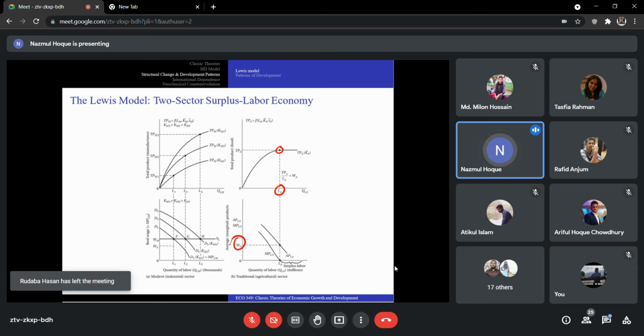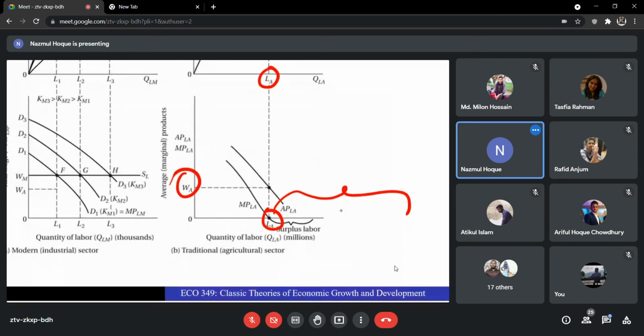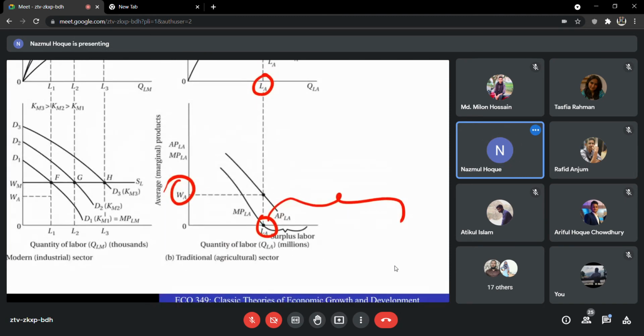And the agricultural wage rate, as I mentioned, is determined by the average product of labor.